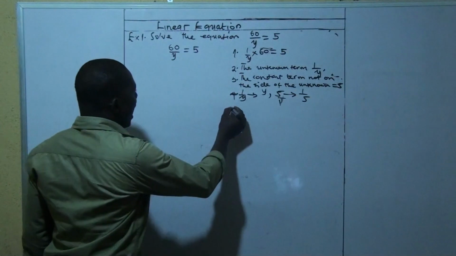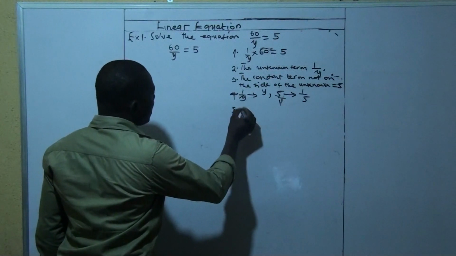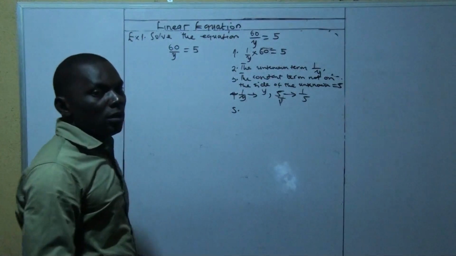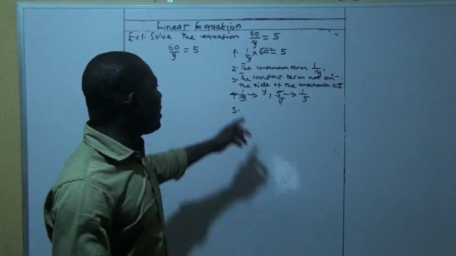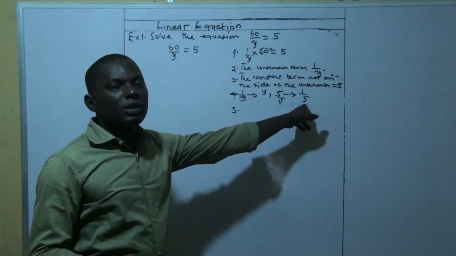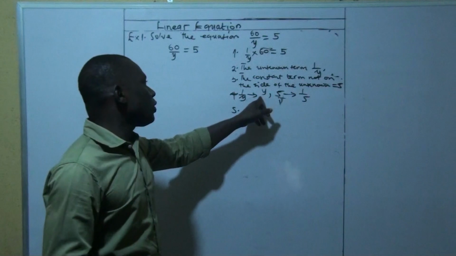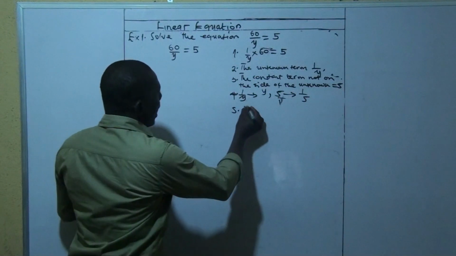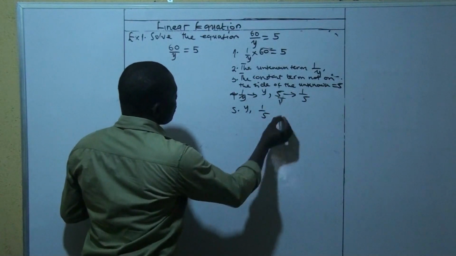So our step 5 says that we should multiply both sides by the result we obtain from step 4. So the result of step 4 is y, comma, 1 over 5. So we're going to multiply.